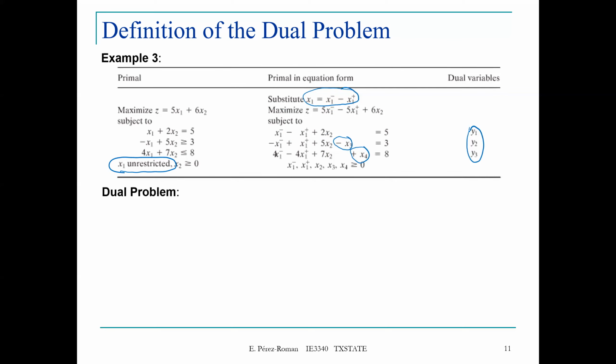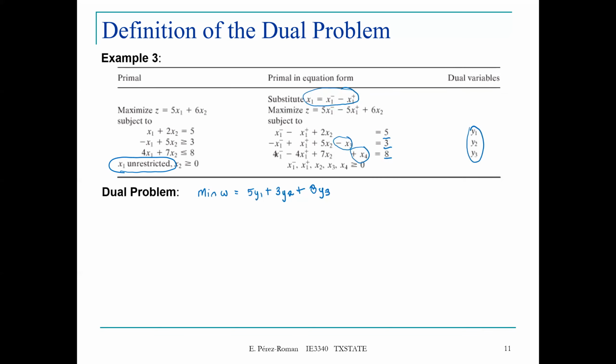So let's show the dual problem. We are going to minimize W, which is going to be equal to 5 times y1 plus 3 times y2 plus 8 times y3.